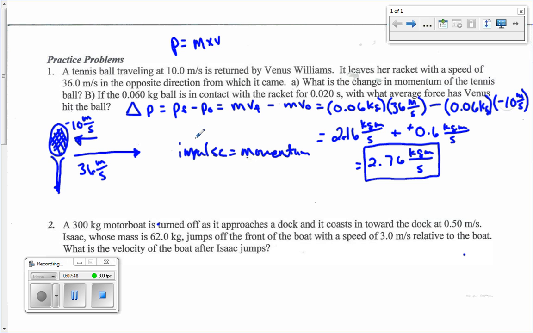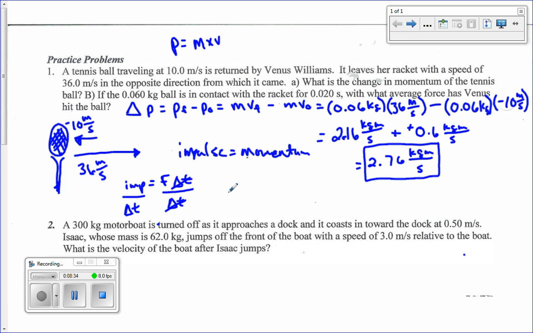So we can use that impulse formula, force times the change in time, and we can use our change in momentum here. So if impulse equals force times the change in time, how would we solve for force? Yep, we divide out the change in time. So force is going to be given by impulse, which is the same thing as momentum, divided by the change in time.